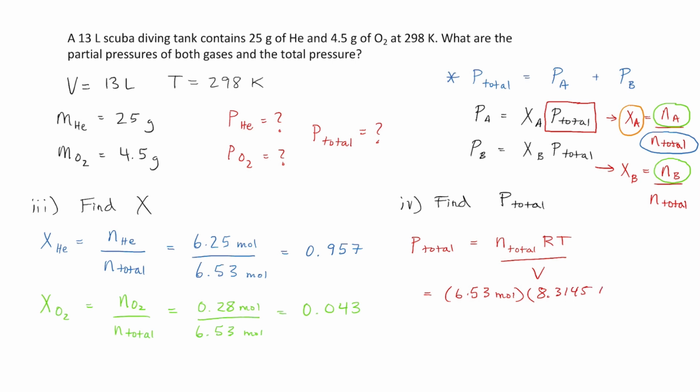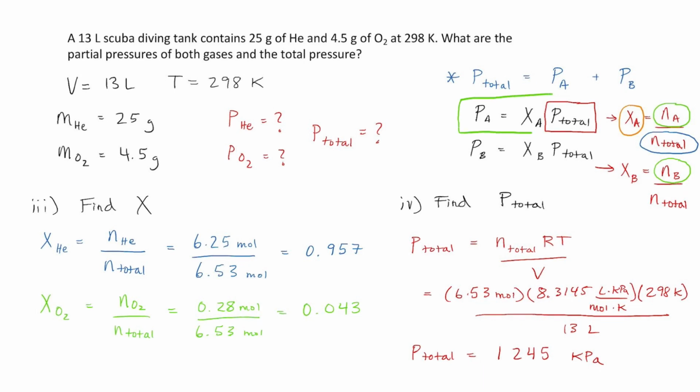And we've already calculated the total number of moles. So all we need to do is plug in our values for the number of moles, the gas constant, the temperature, and the volume. And when we do that, we can see that the total pressure is about 1,245 kilopascals.